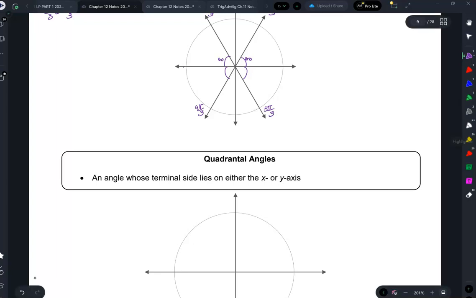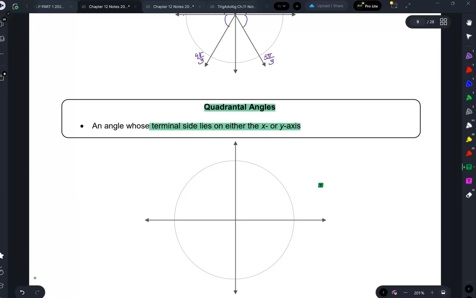The one other type is called quadrantal angles. These are angles whose terminal side is on the x or the y axis. So these are 0 degrees, 90 degrees, 180 degrees, 270, or 360.